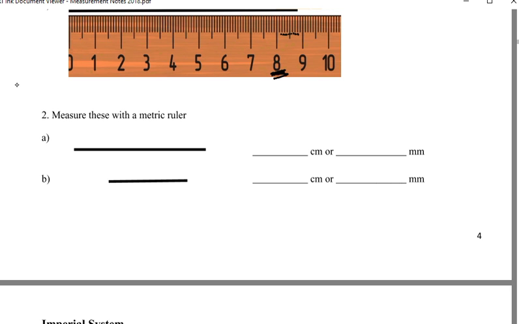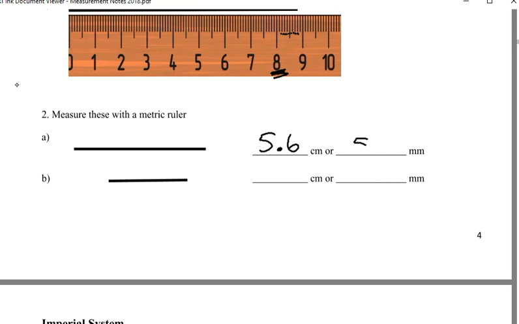Hopefully, you have a ruler around your house. You can check these measures. I suggest you do it, give it a try. What you will see if you measure them, I measure this to be 5 and 6/10 or 56 millimeters. Because if I go to 5 and 6/10, 5 whole, and then 6/10, well, don't forget that each centimeter is 10 millimeters.